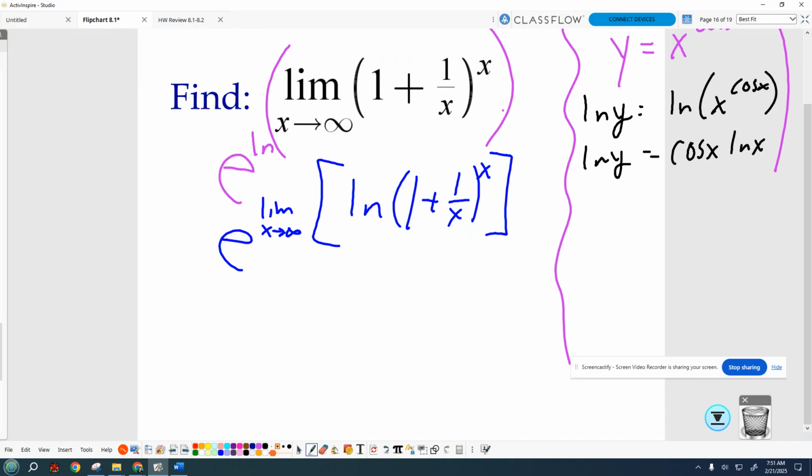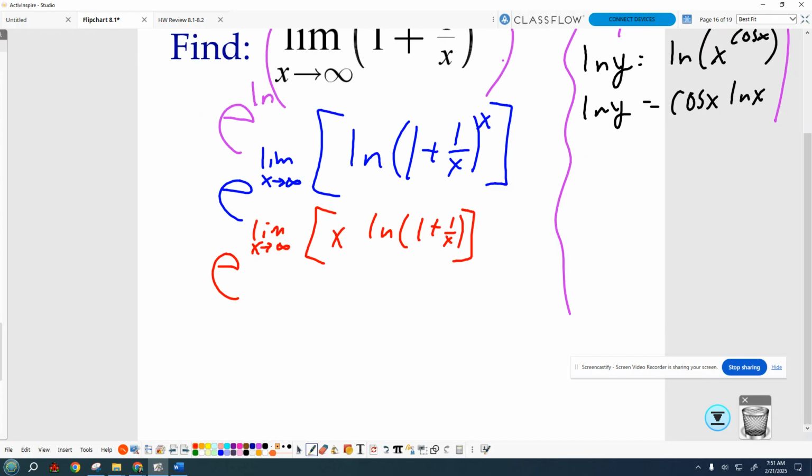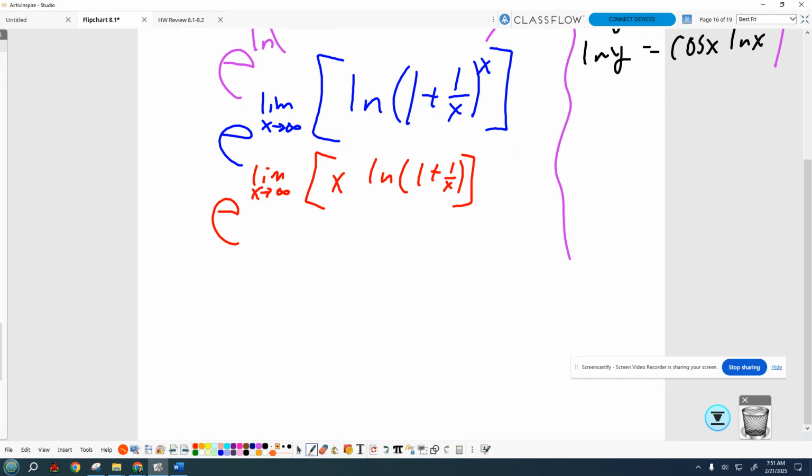Okay, and Michael reminded us the reason that we wanted to do log in the first place was so that we could bring that exponent down. And this is in the L'Hopital's unit.